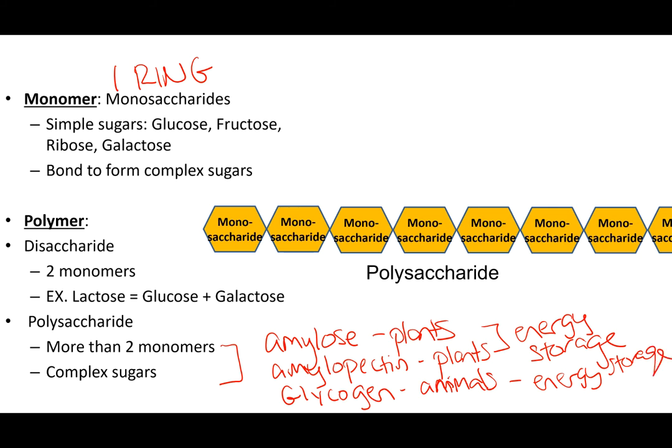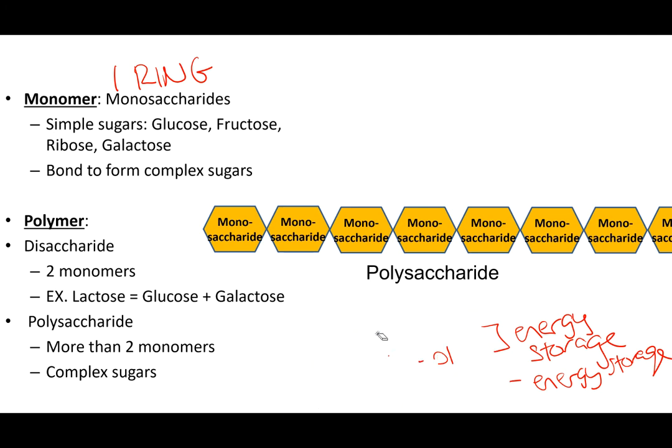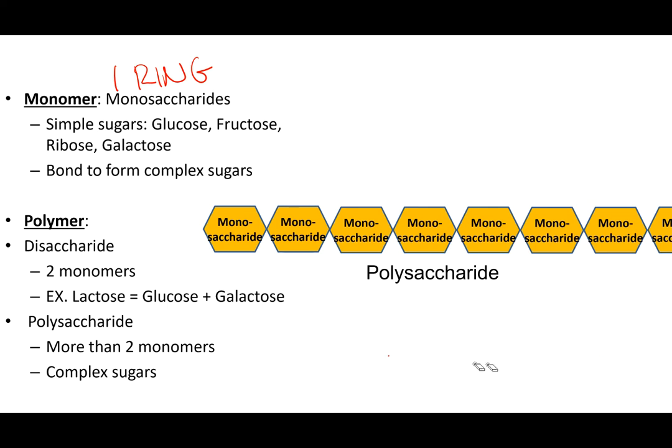And then we also talked about polymers that are used by plants and animals for structure. Do you remember what those are? We talked about chitin, which is in animals, and that's used for structure, specifically exoskeletons.